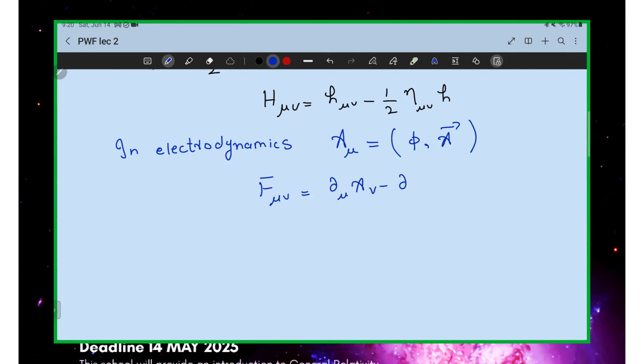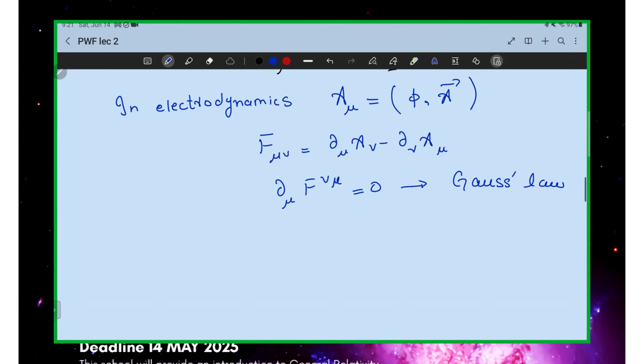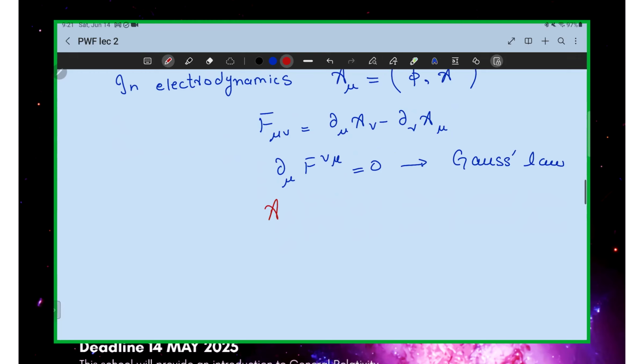The field equations of electrodynamics are written in terms of F mu nu. For example, one equation is this. This gives you Gauss's law, for example. Now, in the context of electrodynamics, when we say that we have a gauge symmetry, what do we mean? We mean that you can change A mu like this.